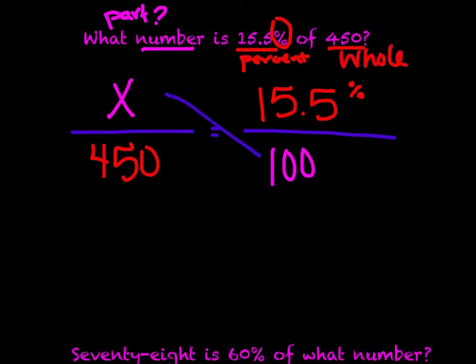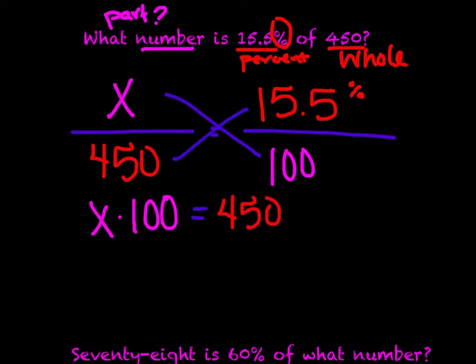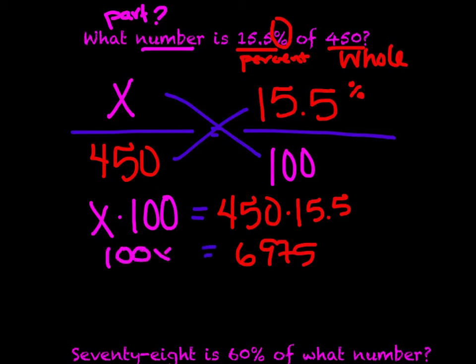Next step, we can do x times 100 is equal to 450 times 15.5, we're just writing 15.5. So 450 times 15.5, to do that math, we get 6,975, and we still have 100x, and I just mix those up. That's okay that we do that. It's multiplication.